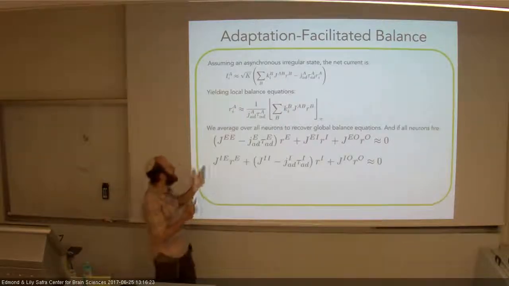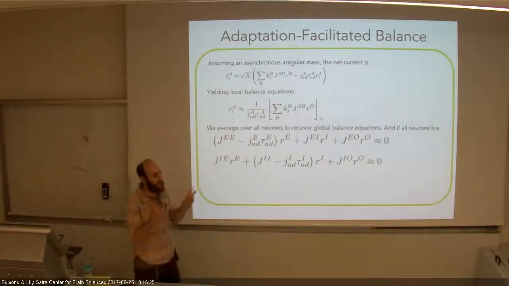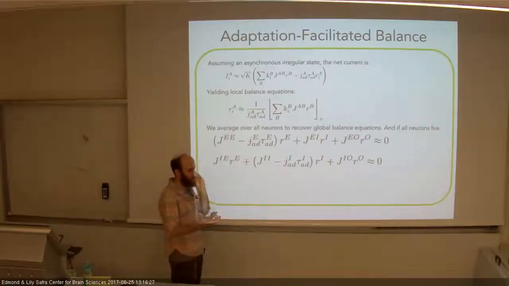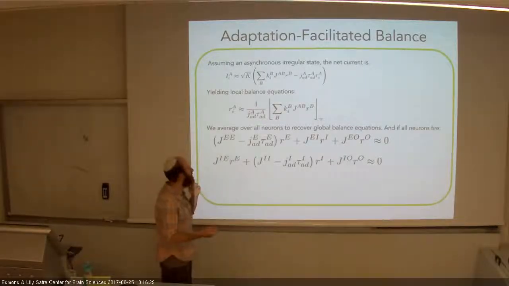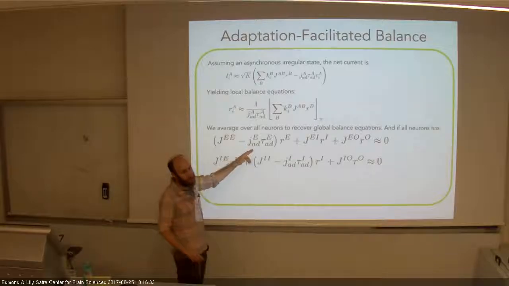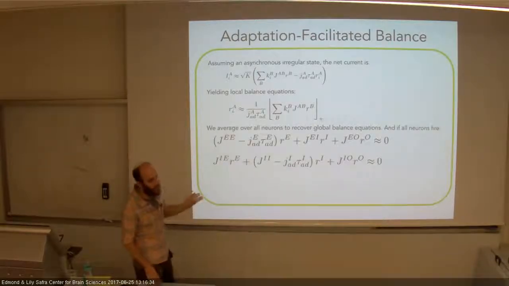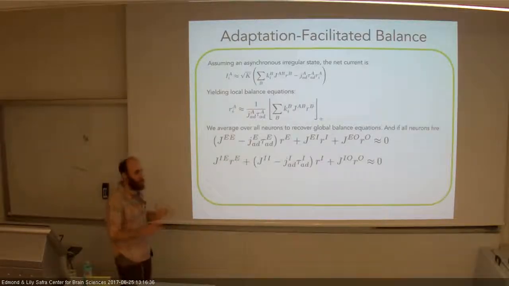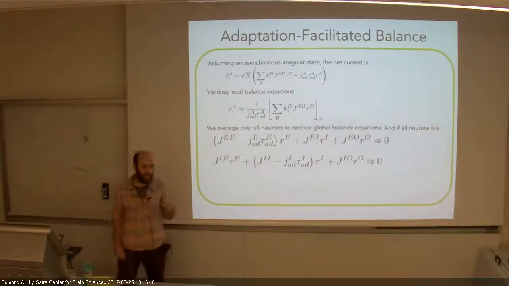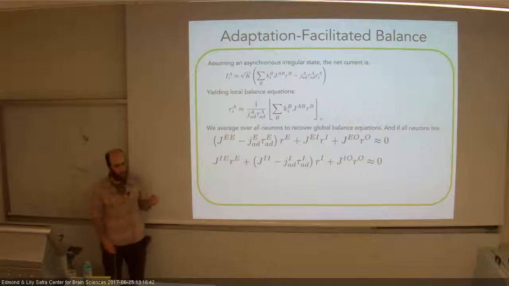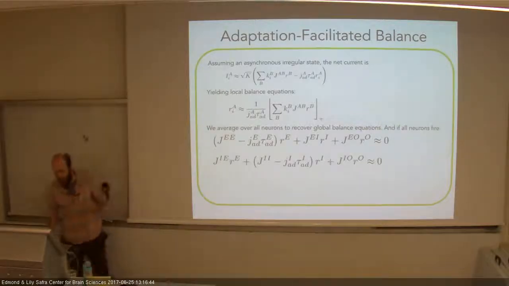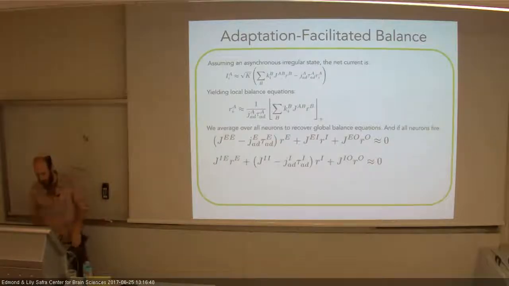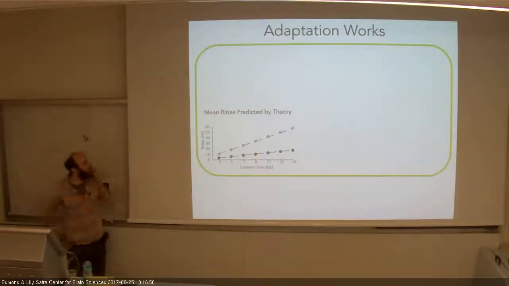Effectively, if we scale things as order square root k to match the findings of the adaptation strengths, we need this J adaptation to be like 0.2 or something like that, kind of small order 1 to be realistic. But it turns out that's enough to have a substantial effect on the dynamics. Maybe not fully enough to recover all the cells firing, but it definitely has a substantial impact already.